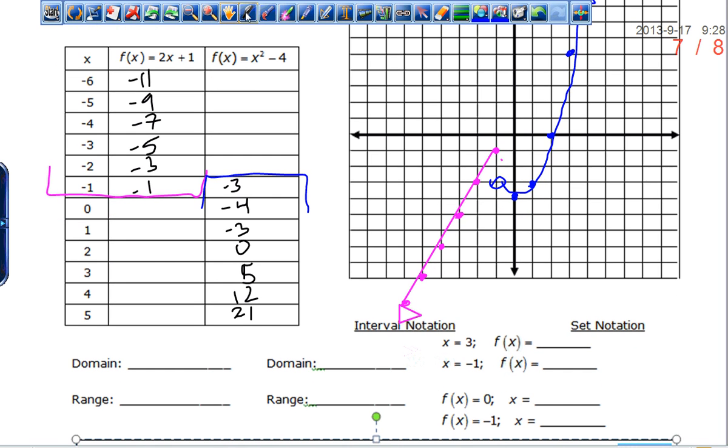Okay, let's go over the domain and range. We'll go over this kind of quick. So my domain, is it all real numbers? Is it negative infinity, positive infinity? So it is. All right, what about my range?